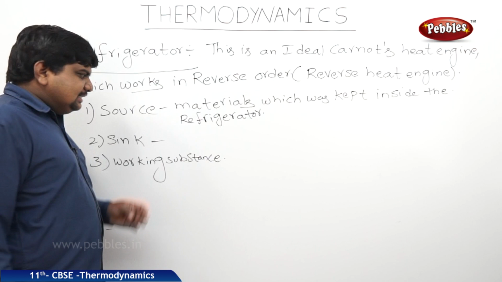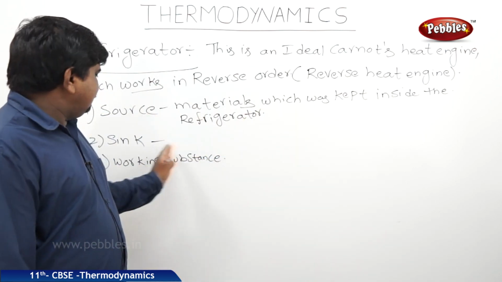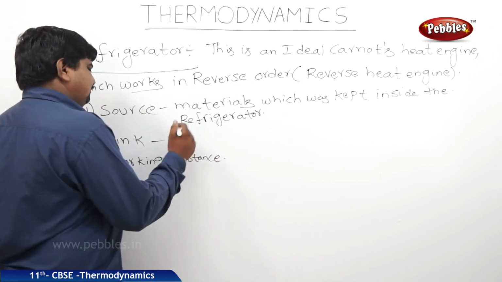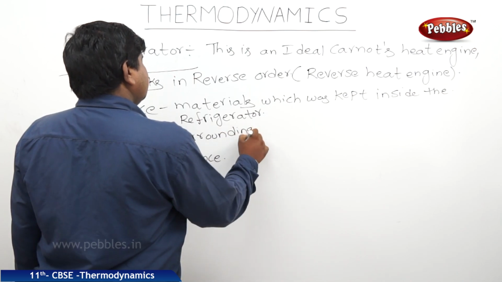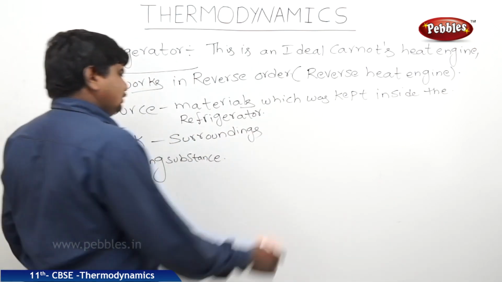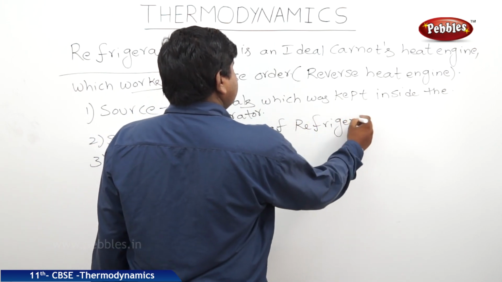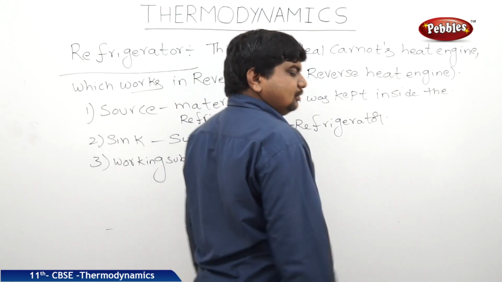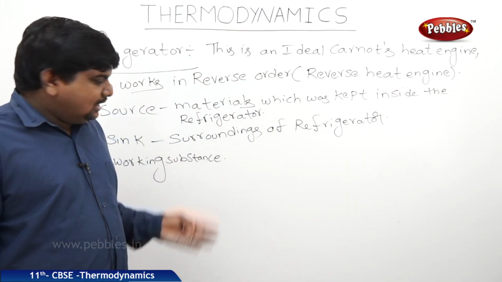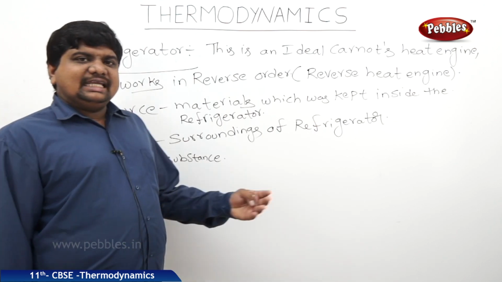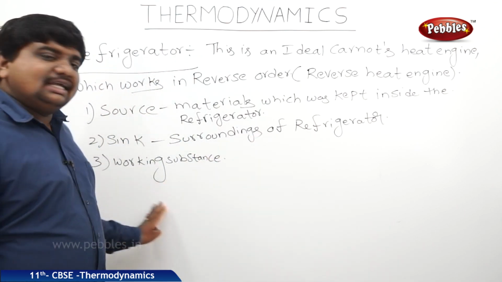Sink is nothing but the surroundings of the refrigerator. Working substance is some material placed inside the refrigerator to cool the substances, or to decrease the temperature of the substances which were kept already. This is said to be the working substance.